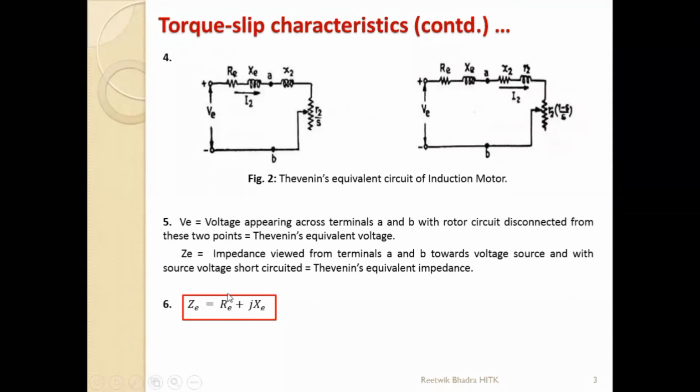So Z will have a real part as well as an imaginary part. If you compare, the real part will be RE and the imaginary part will be XE. So we need to go for this calculation. What will be the value of RE? What will be the value of XE? Then go for some approximations to get a result.